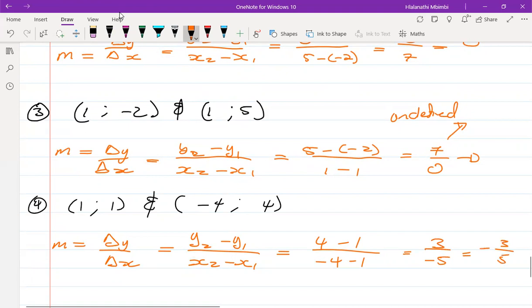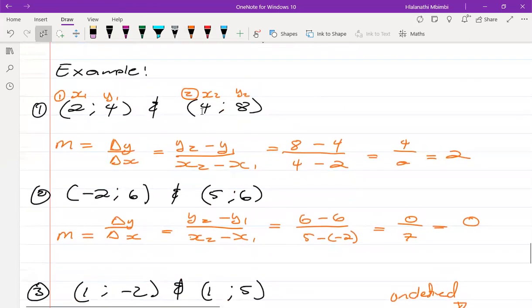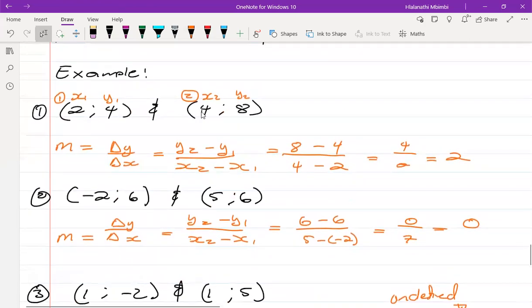Okay, cool. Now I want us to look closely at what's happening here. For the first one, if we were to draw small graphs of these, just looking at the points, we have 2 and 4, which is about here, and we have 4 and 8, which is about here.